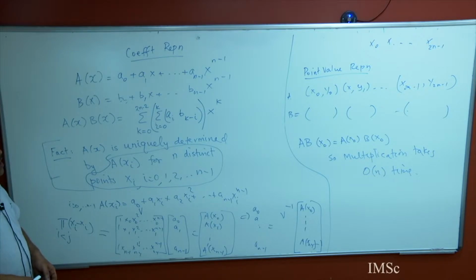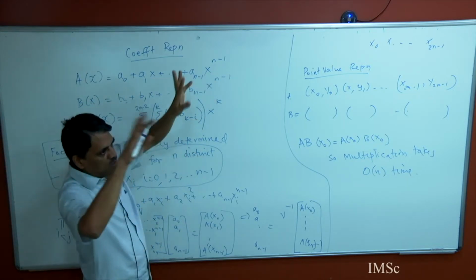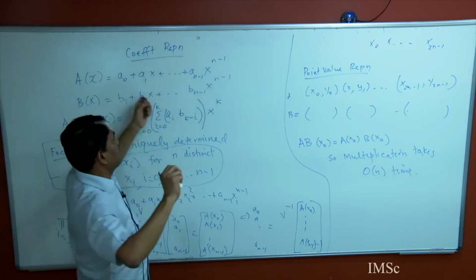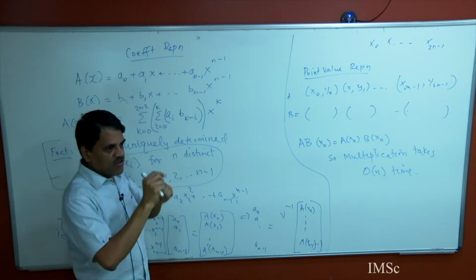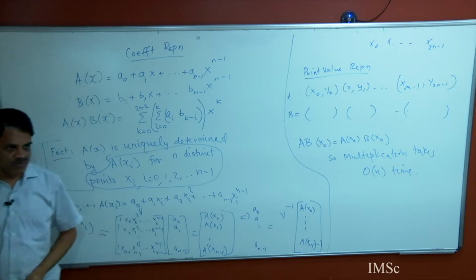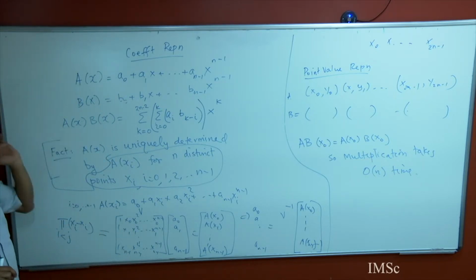Because I can compute x naught square up to x naught power n minus 1 in linear time, and then I multiply by a naught, a1, and add them all. So the whole thing for each evaluation is going to take me linear time. So overall, n evaluations, n square time.